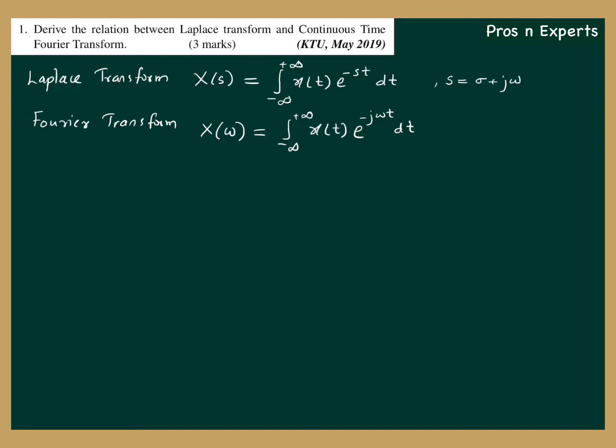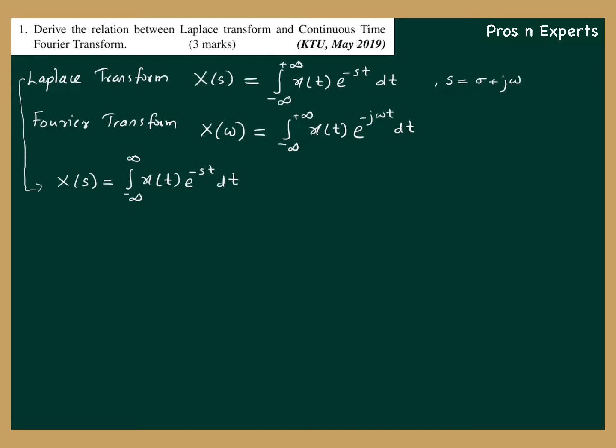For that, let me start with the Laplace transform. X(s) is equal to the integral from minus infinity to plus infinity of x(t) into e raised to minus st dt. I have already defined what s is. s is nothing but the complex frequency, s equal to sigma plus j omega.